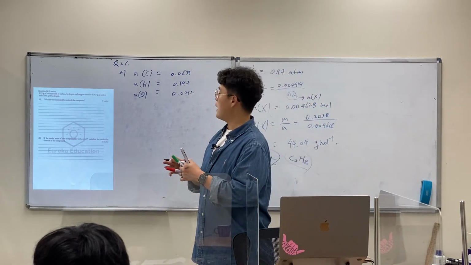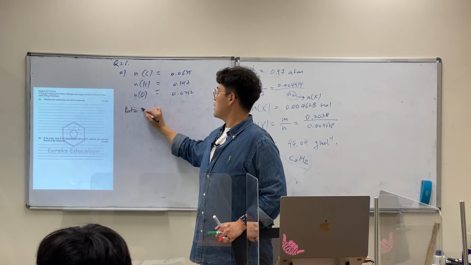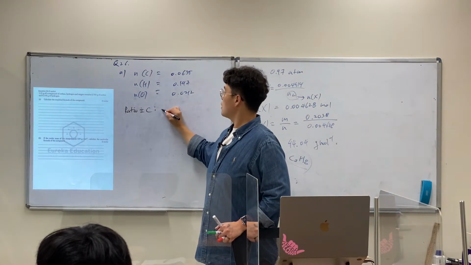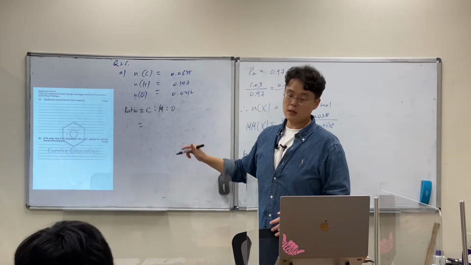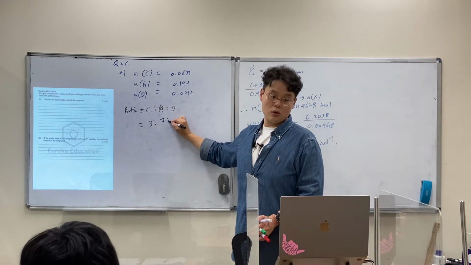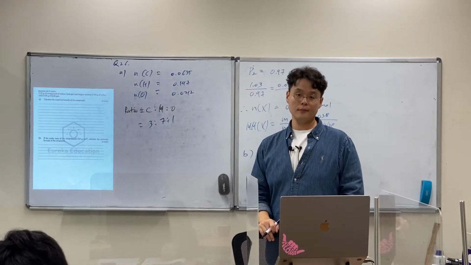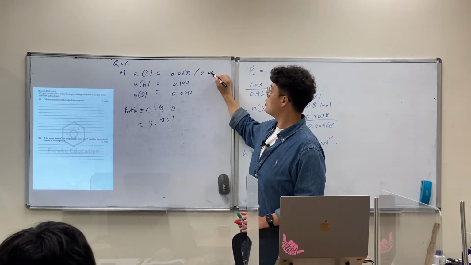So when you divide that, then the ratio of the carbon to hydrogen to oxygen, you'll get 3, 7, 2, 1.